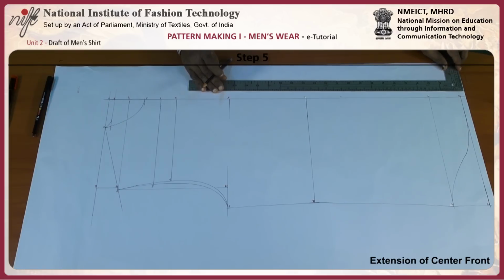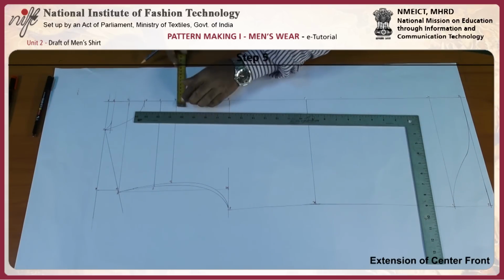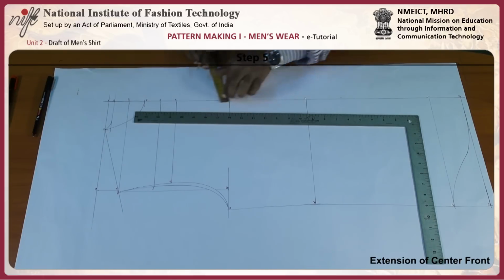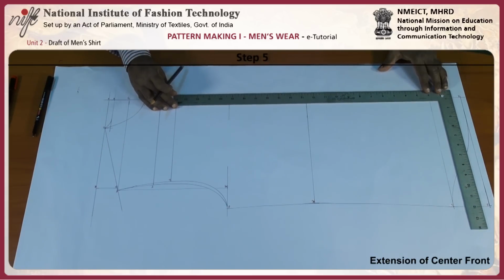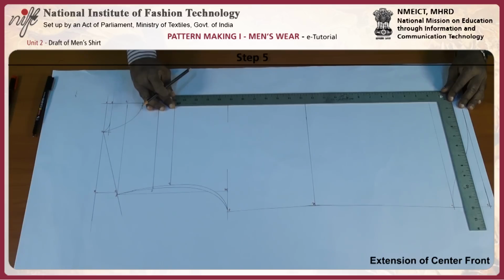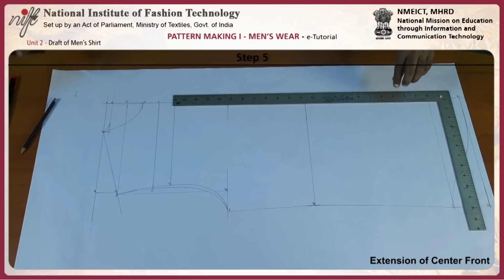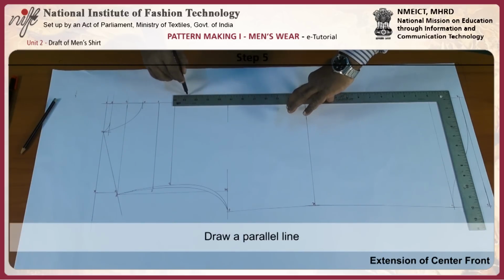Normally we keep 3.5 to 4 centimeter, sometimes in casual wear 4.5 or 5 centimeters too, which should be measured from the reference line, then draw a parallel line which is called the fold line.